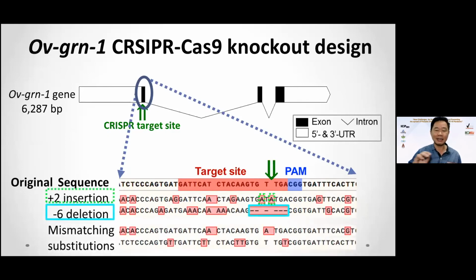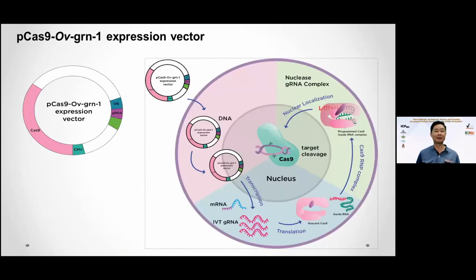We expect that after being cut by CRISPR-Cas9, there can be insertions, deletions, or mismatches at this target site, and then mRNA cannot be produced. What we did was clone this guide RNA into the pCas9. You have to buy this kit from the Invitrogen company.